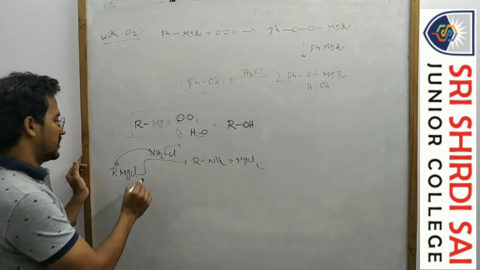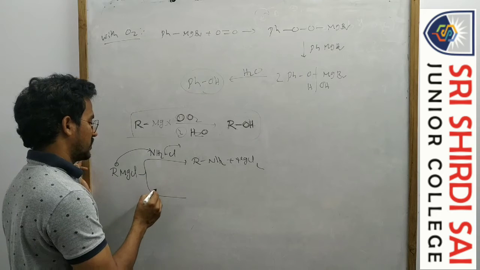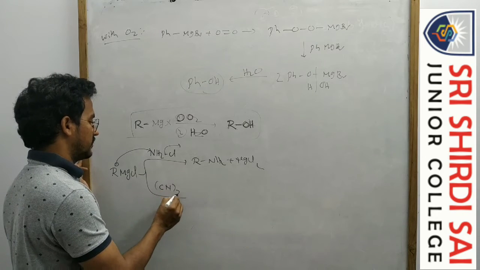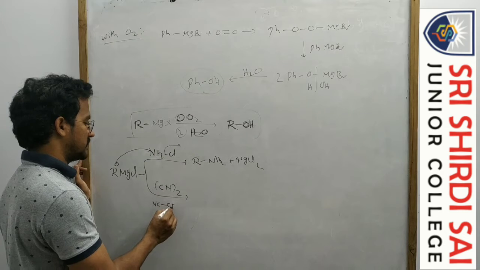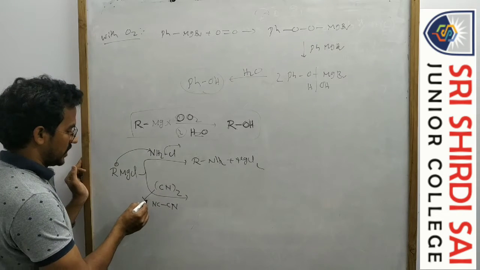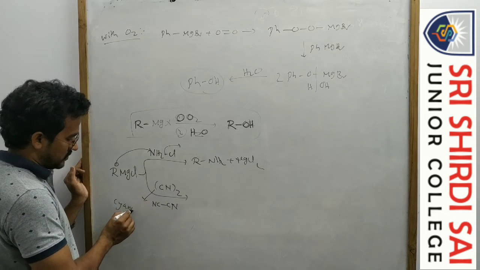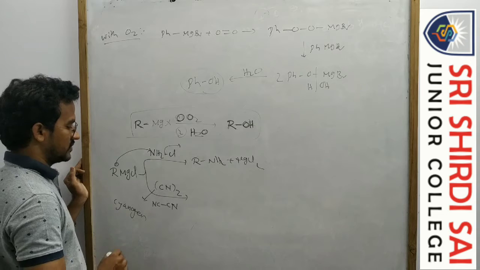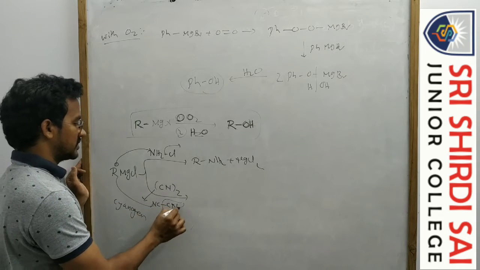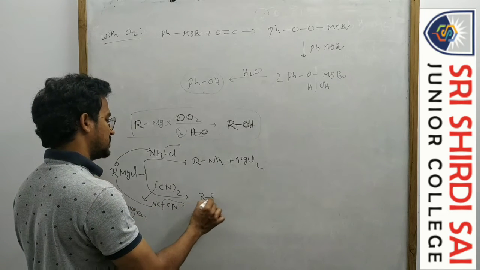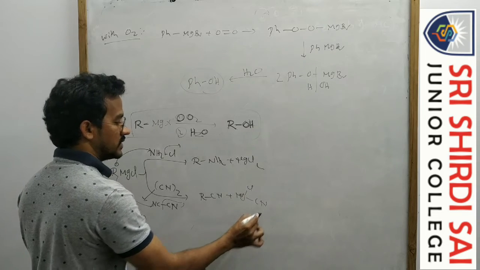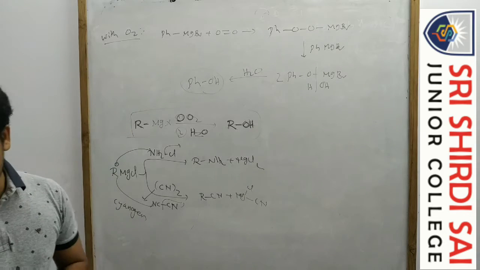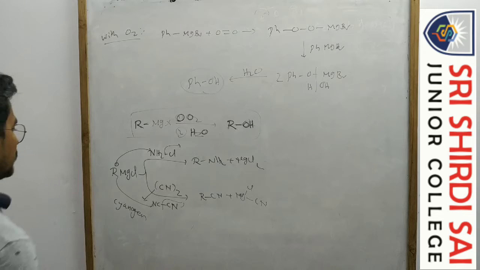For example, here (CN)2, cyanogen, that means here N≡C-C≡N. This is cyanogen. So here R minus attacks the C and the other CN leaves out. So RCN plus MgCl and Cl. Okay, that is one more reaction.